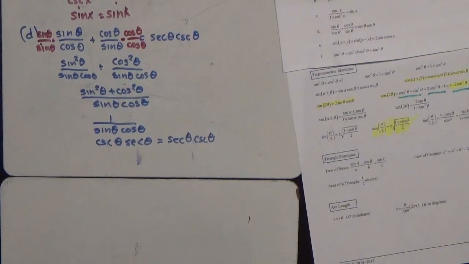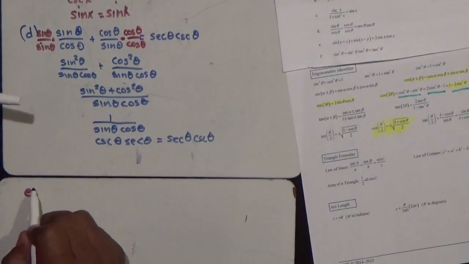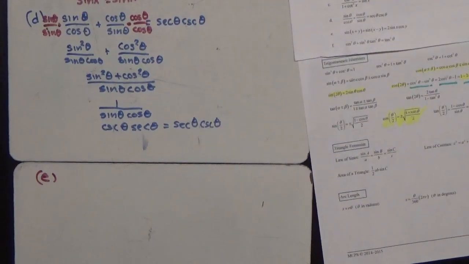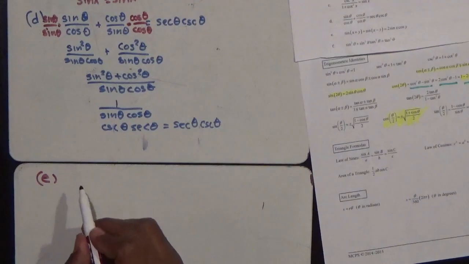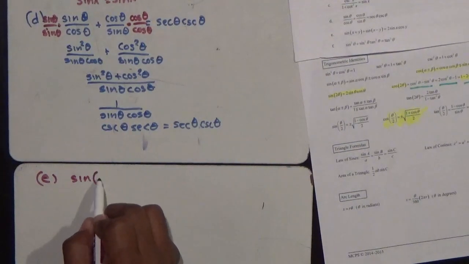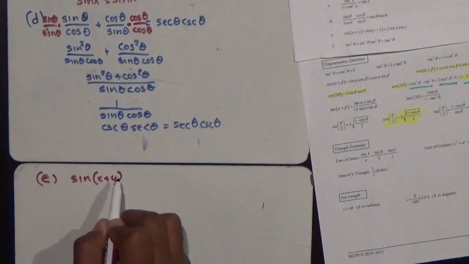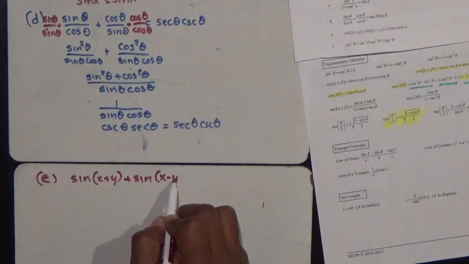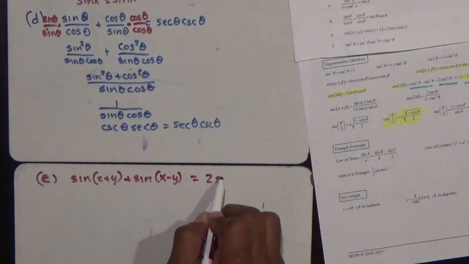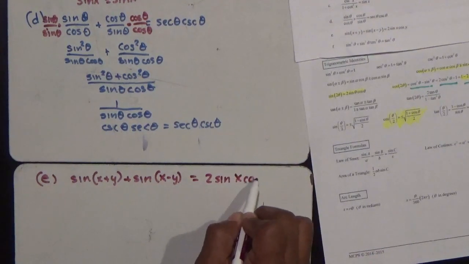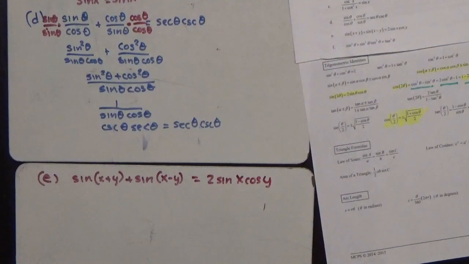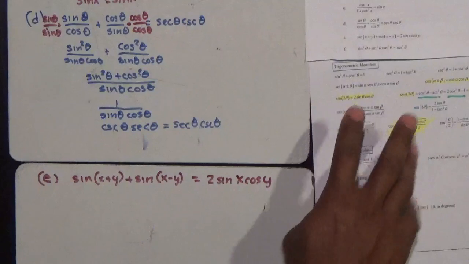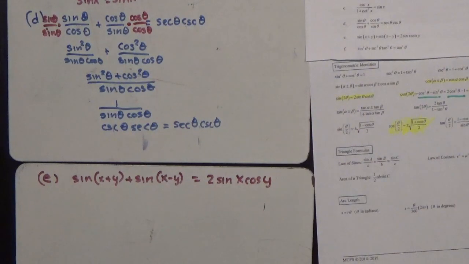All right, E is sine of x plus y plus sine of x minus y is equal to 2 sine x cosine y, which still looks like, yep, again, they keep using it, double angle sine.